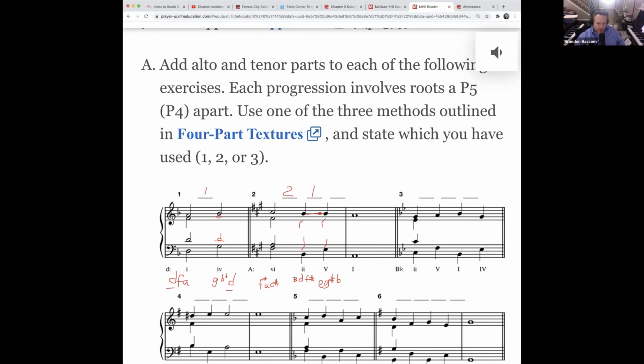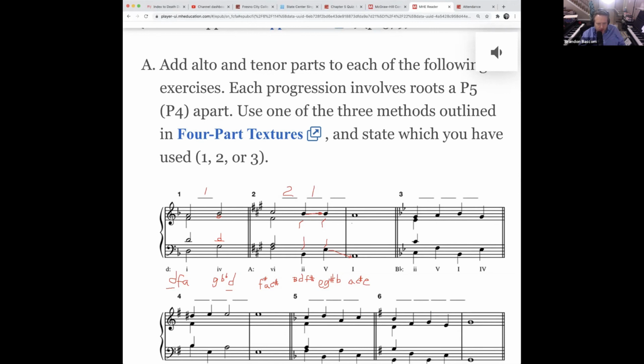All right, now we got to go from E, G sharp, B to A, C sharp, E. Bass leaps down. We've got an A and an A, so we know we need a C sharp and an E, preferably.